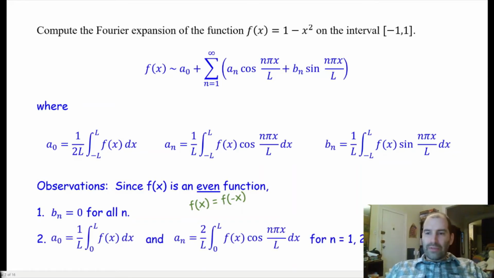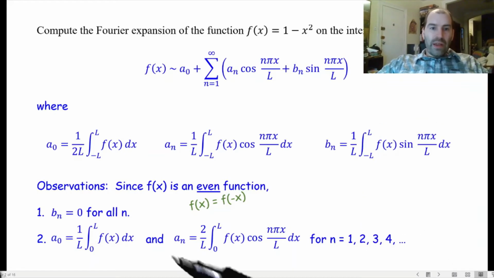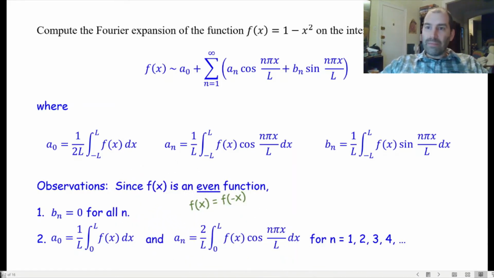Now, the other observation is, since f is an even function, we can express these integrals for the a's a little bit more simply. An even function, when you integrate it from minus L to L, is exactly equal to what you'd have if you integrated it from 0 to L and then multiplied it by 2.